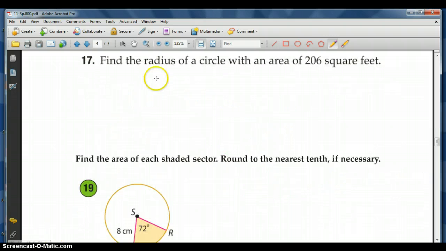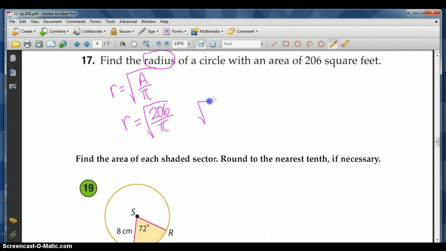For number 17, find the radius of a circle with an area of 206 square feet. So once again, radius is equal to the square root of the area divided by pi. And we don't have to multiply by 2 this time because we're just asked to find the radius, not the diameter. So our radius is equal to the square root of 206 divided by pi.